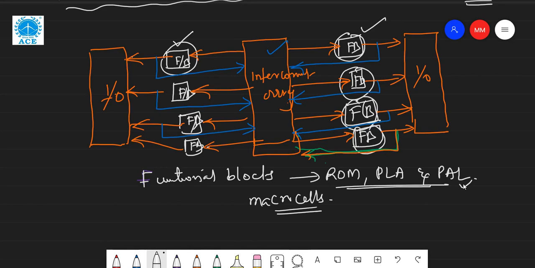The output of the functional block goes to the interconnect array, which is used to interchange the functional block outputs.